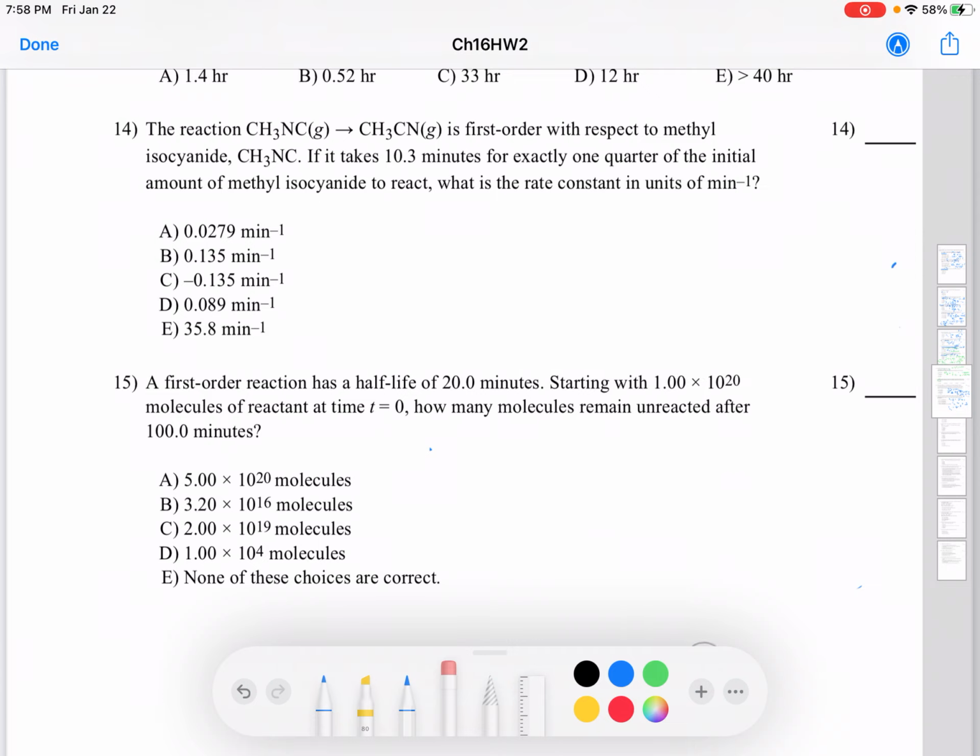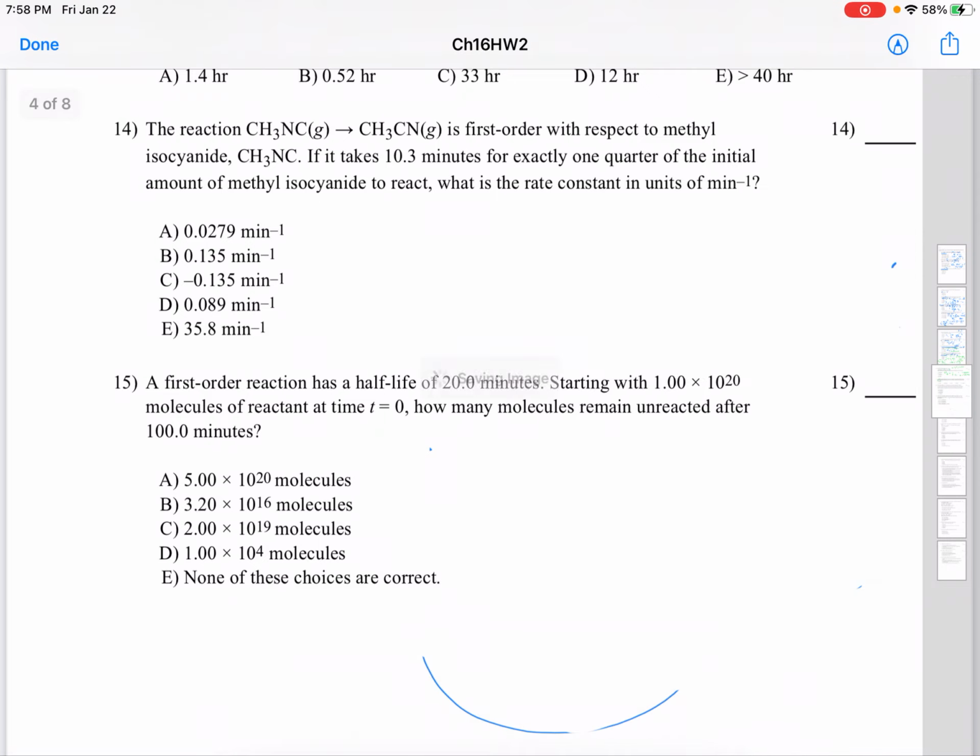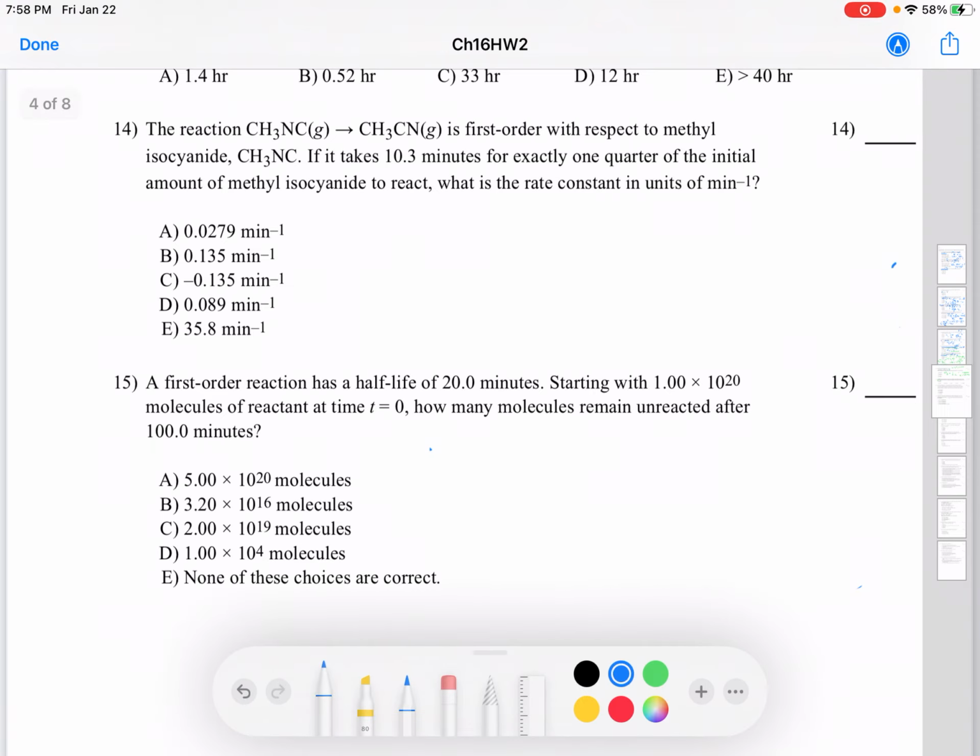What is the information given for us? This one, number 14, it says it's a first order reaction. It takes 10.3 minutes for exactly 1/4 of the initial amount of methyl isocyanide to react. If 1/4 has been reacted, how much is left over? 3/4. So what is the rate constant in units of per minute?